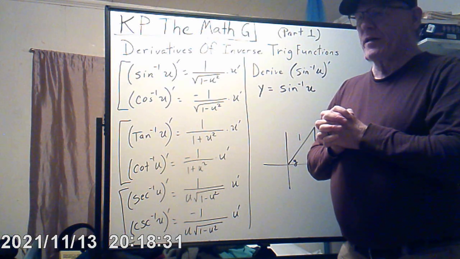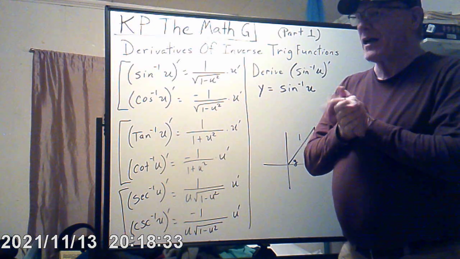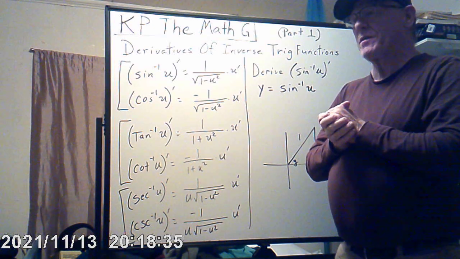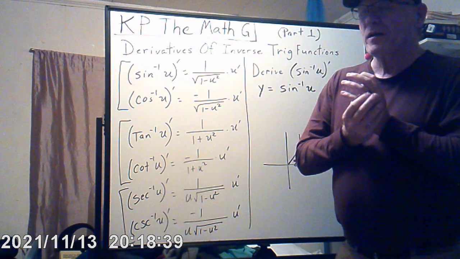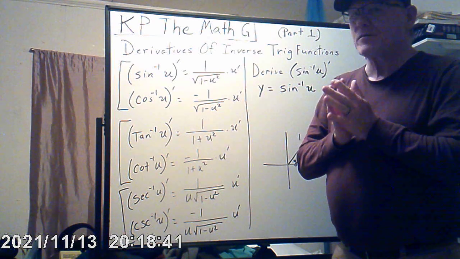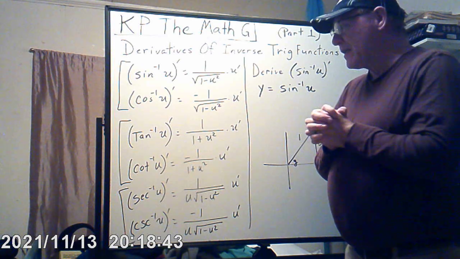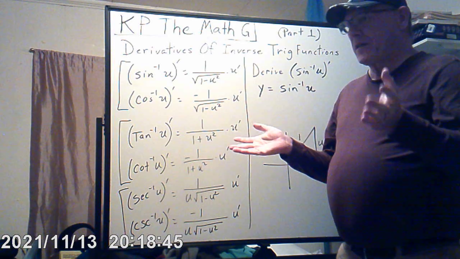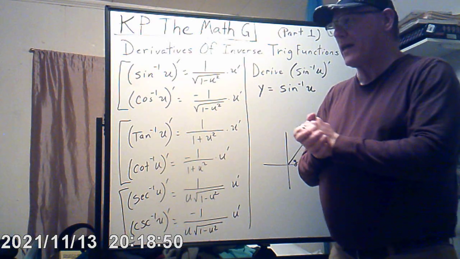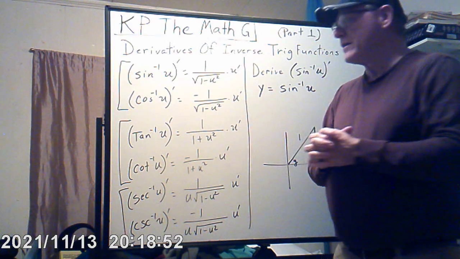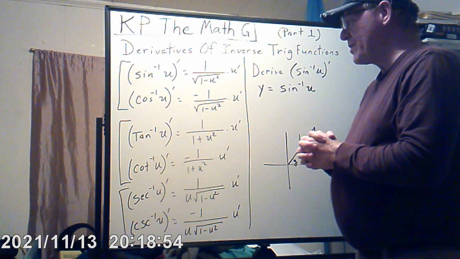So I don't want to spend a whole lot of time on this, but I do want to spend a little time on it. I want you to know at least maybe how to derive something, and if nothing else, that's good practice anyway, to get where you can apply something and learn how to use it.